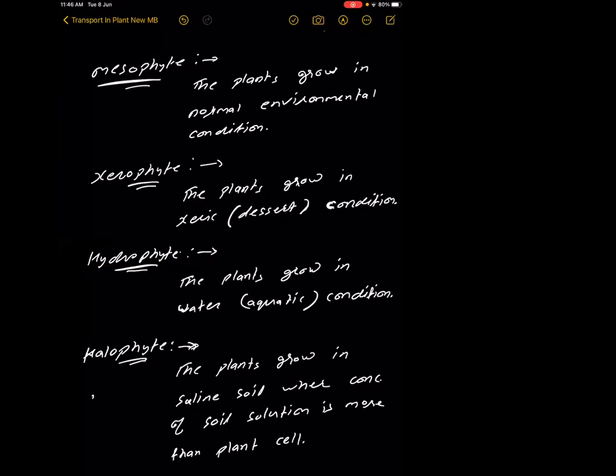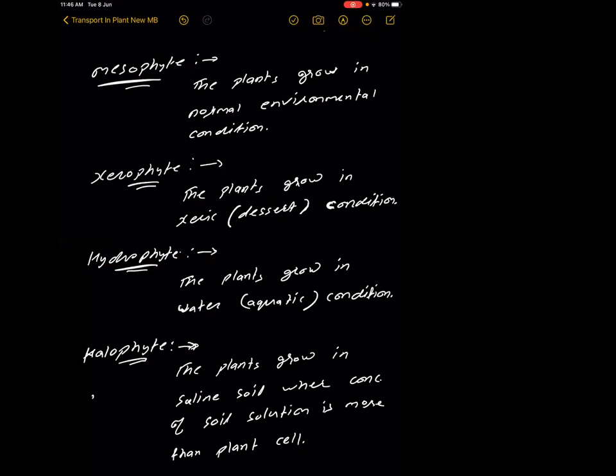Euphorbia. Sir, what is meant by saline soil? Saline soil means concentrated soil, where salts and minerals are more than in the cell. Overall concentration of soil is more than the cell.